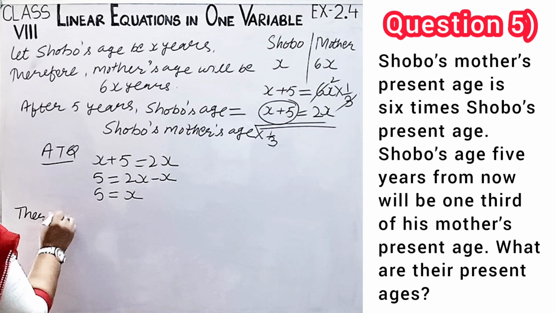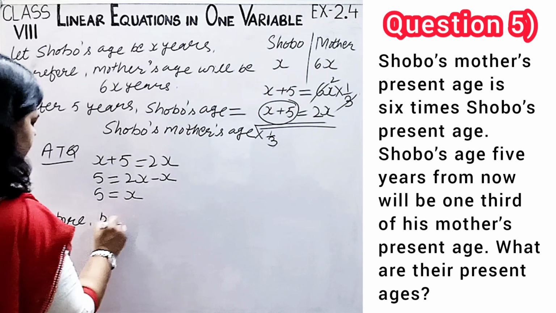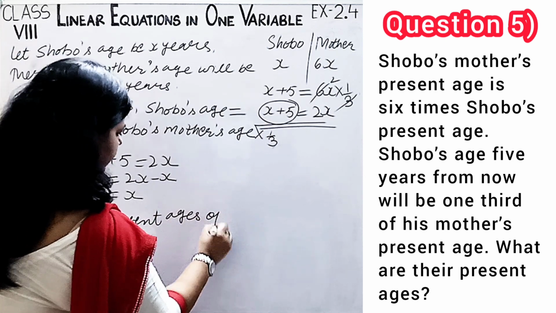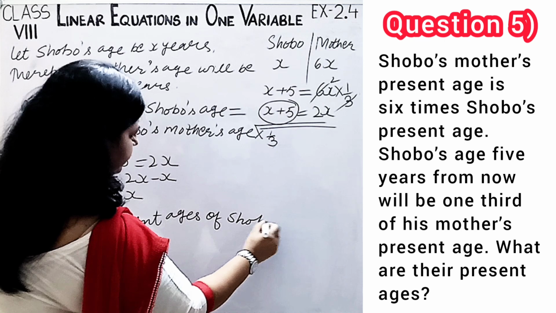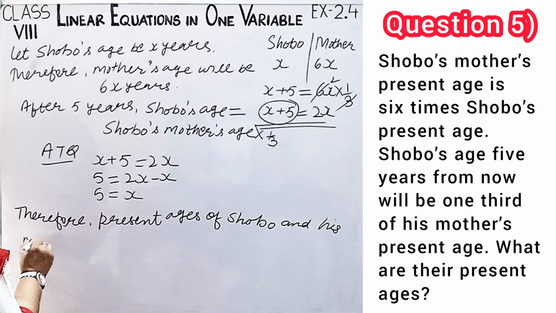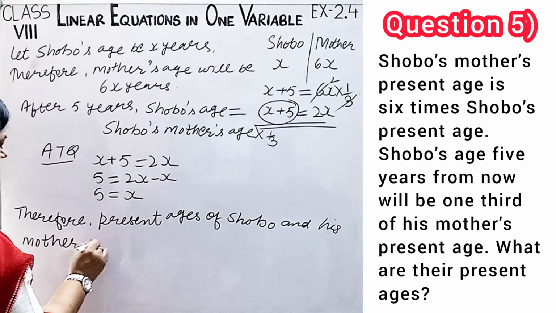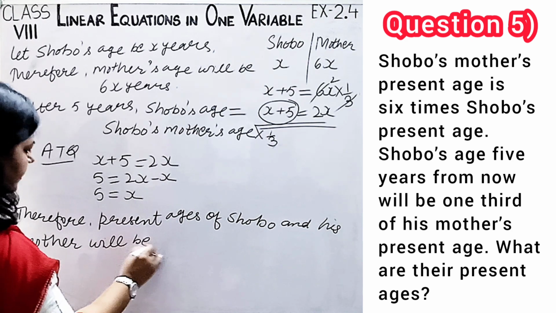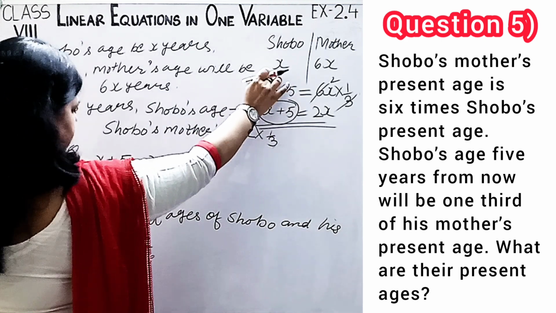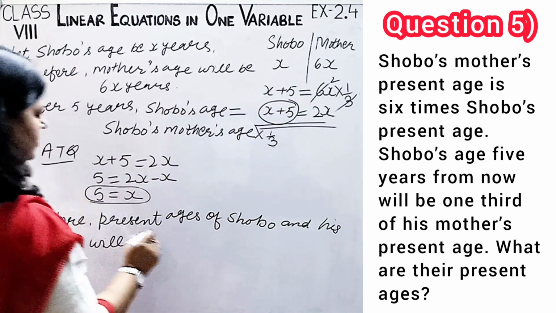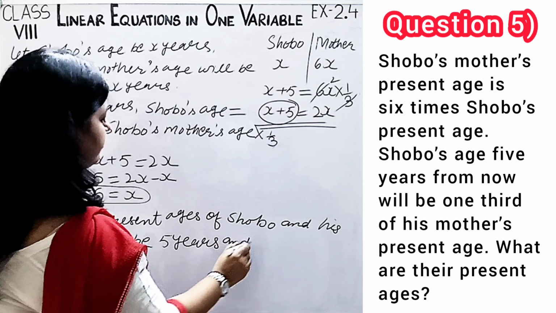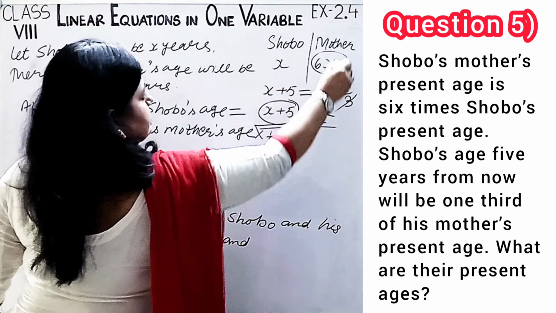Therefore, the present ages of Shobo and his mother will be: this age is Shobo's, this is x and the value of x is 5 years, and mother's is 6x.